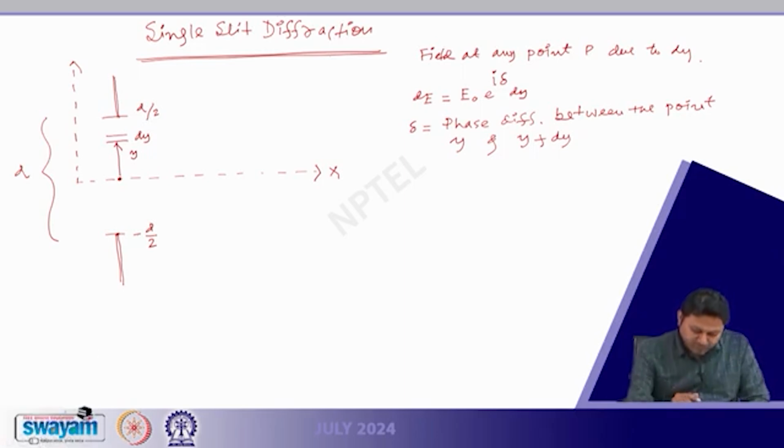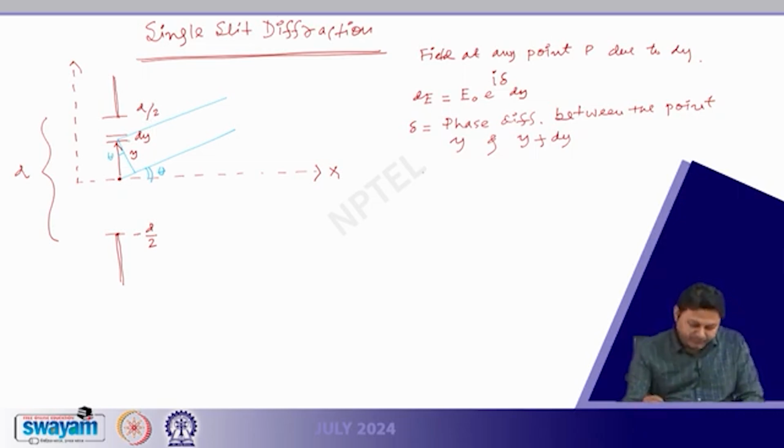So, that means if one ray is coming from this line and another ray is coming from this line, or another wave, the phase difference one can calculate by joining this. If this angle is theta, this will be theta.